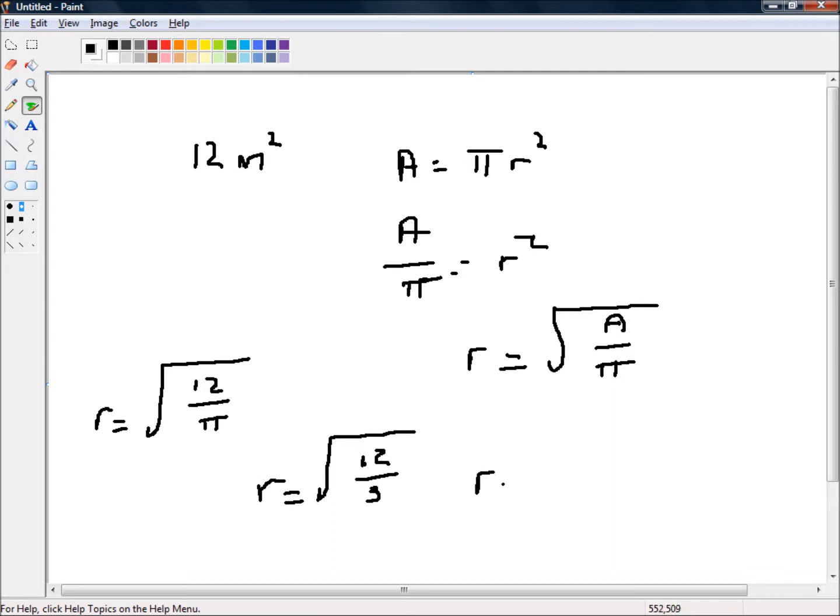So r is equal to the square root of 4. So r is equal to 2 meters. Now that's not going to be exactly correct, but it's close enough for the purpose of a gardener in a park. Okay, so that's all we do when we come to use formulae. We just plug our numbers in and do the calculations.